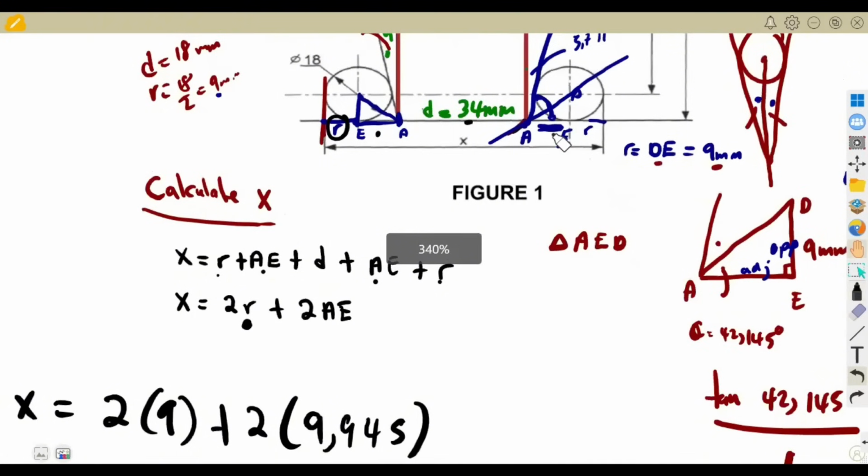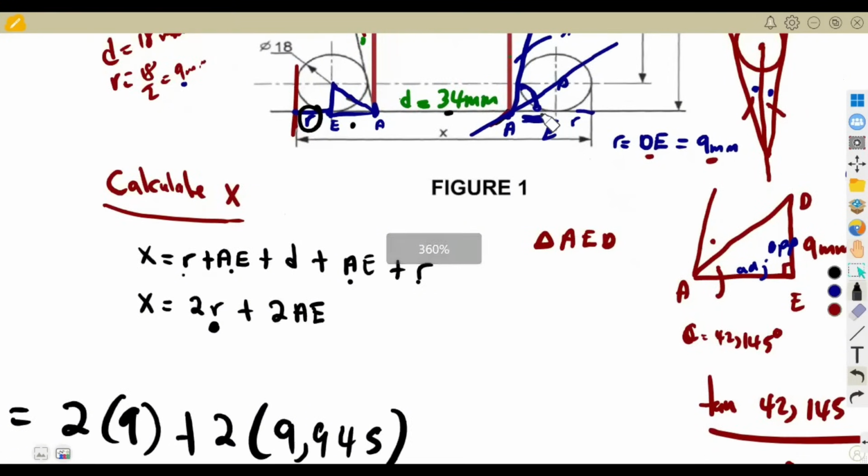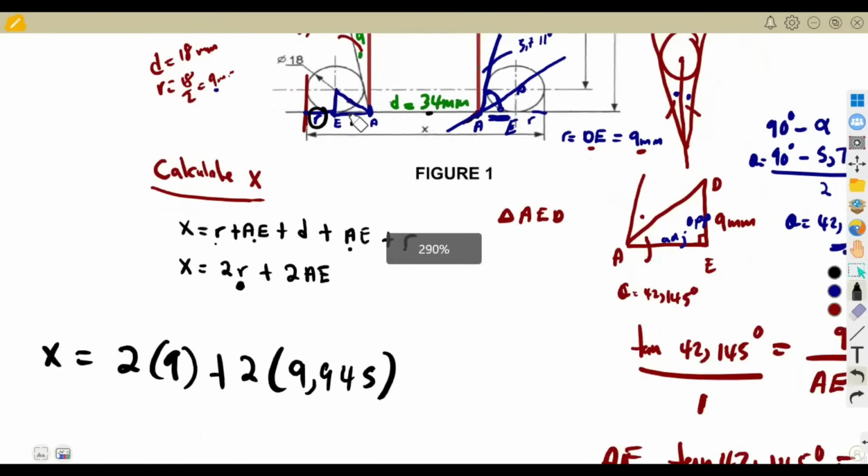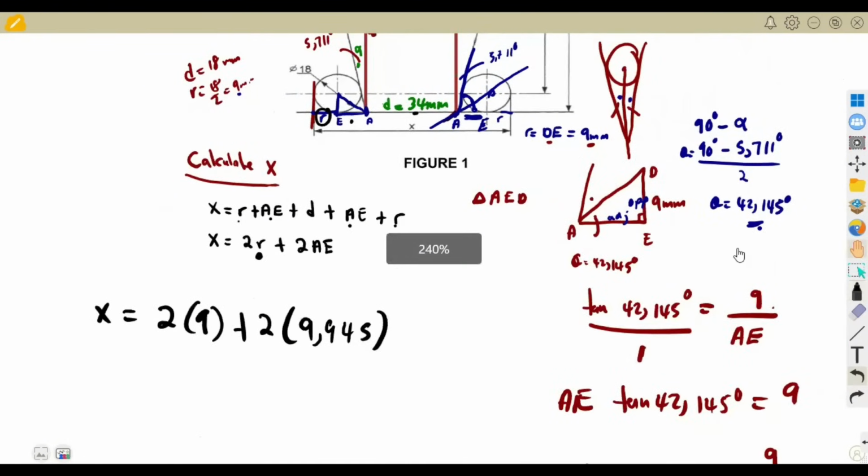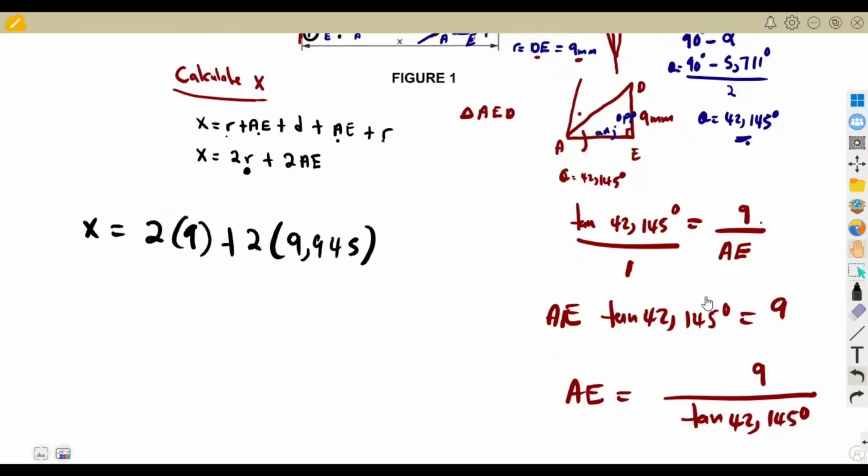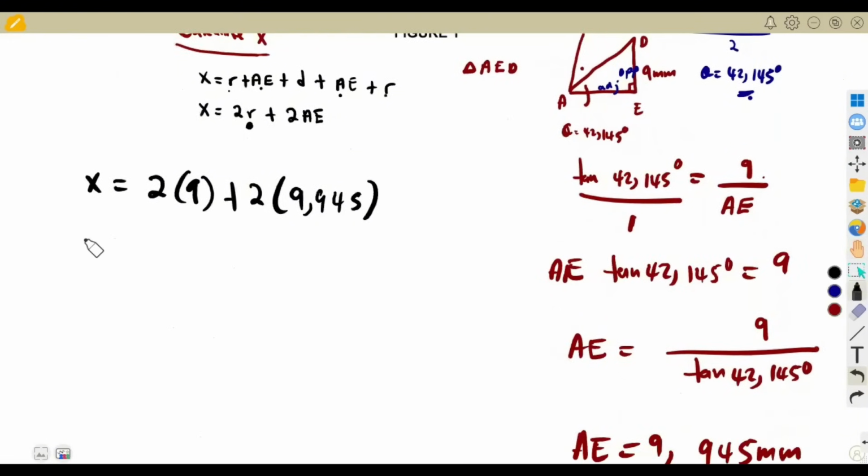Once you calculate from this side, you are also calculating on this side. So just calculate once, then multiply by 2. That's the whole idea. That was going to give us X, which is the bottom distance, and that was going to be 71.89 millimeters.